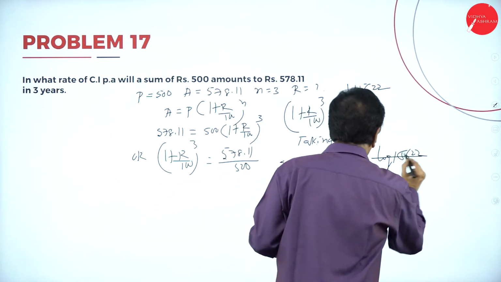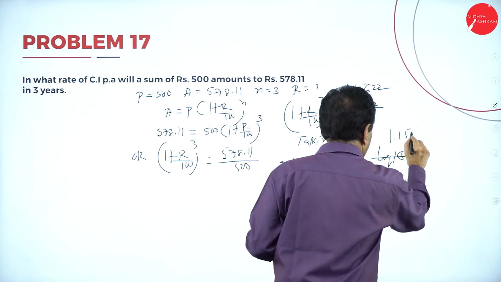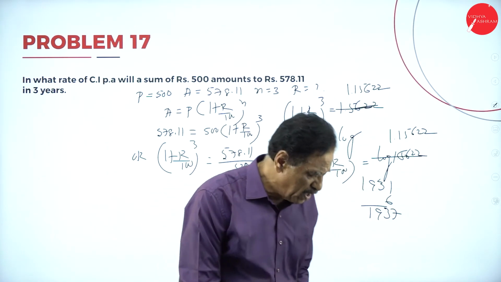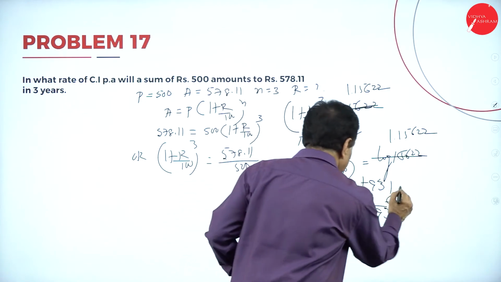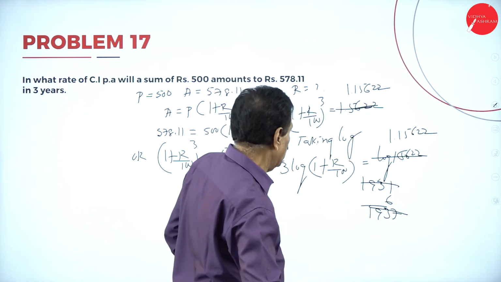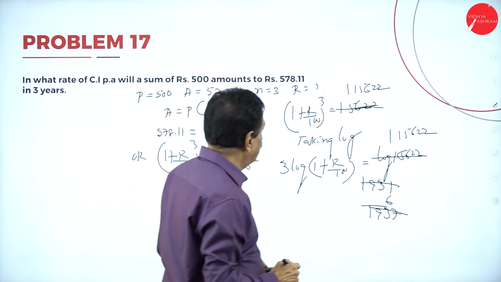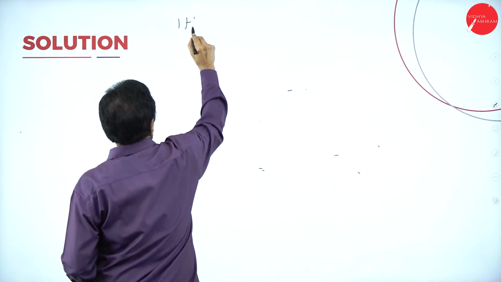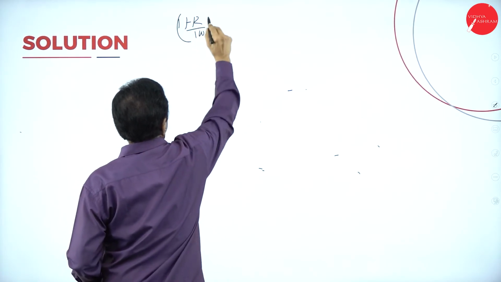Log of this, 1.15622. Convert log of this: 1.1562, 1 plus R over 100.